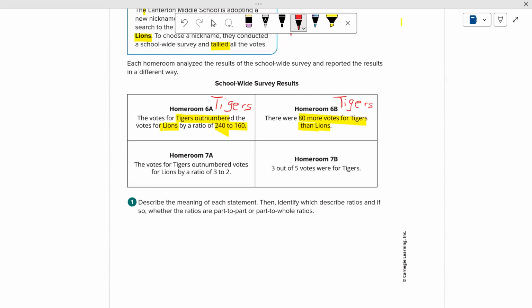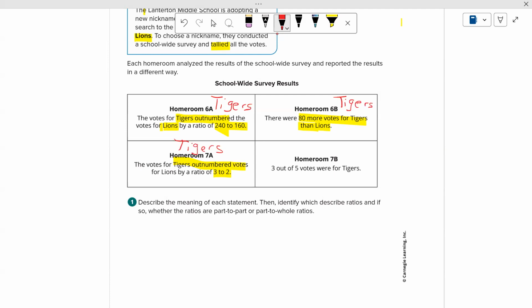And then for homeroom 7A, it says the votes for Tigers outnumbered the votes for Lions by a ratio of 3 to 2. So again, the Tigers outnumbered the Lions, so here I would say the Tigers got the most votes. And then here it says 3 out of 5 votes were for Tigers.